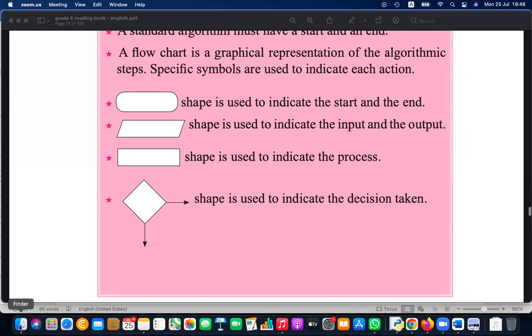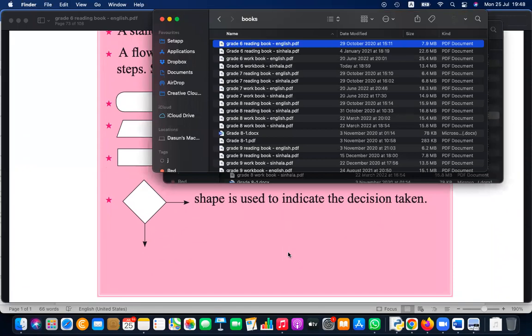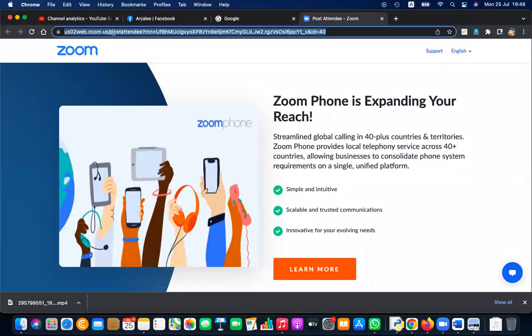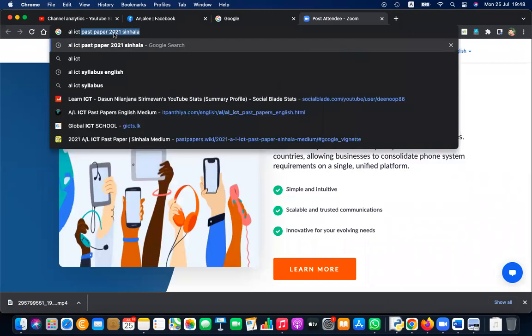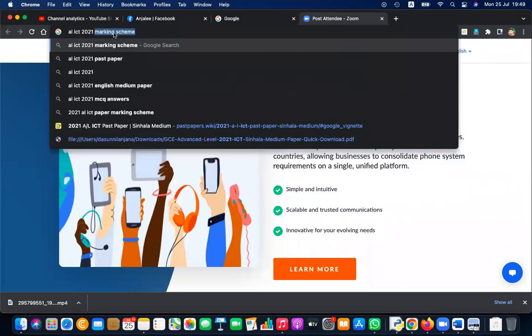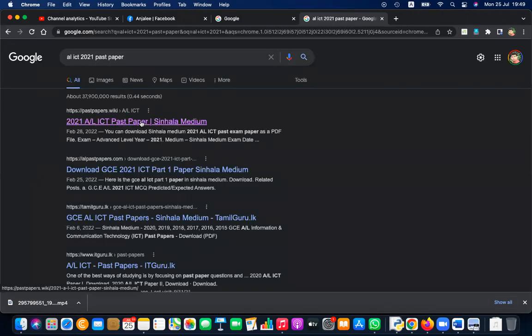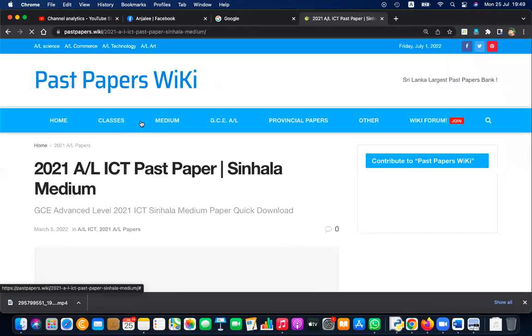So let me show you one important thing. This is the A-level ICT, advanced level ICT 2021 past paper. You have years to write these answers.